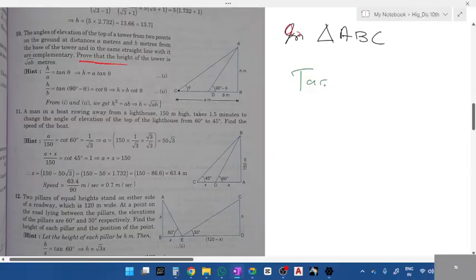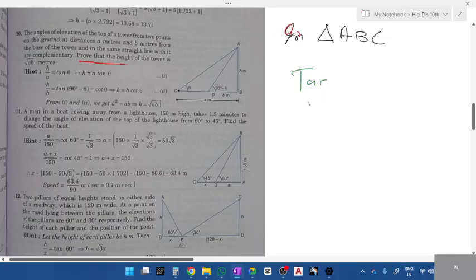Apply tan, students. Tan theta here. Give me a minute. Yeah, tell me.